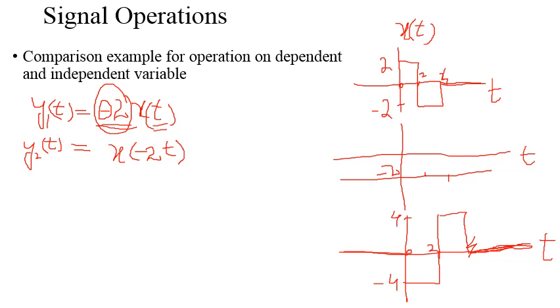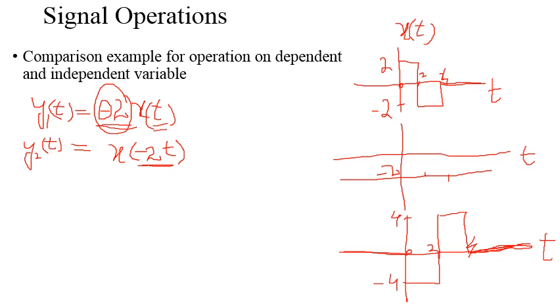Neither is there the addition of two signals or integration or differentiation or scaling or anything. So that means we are not performing any operation on the dependent variable, right? So what we are doing, we are scaling the signal by a factor of 2, and the minus sign indicates we are also reflecting it, right?